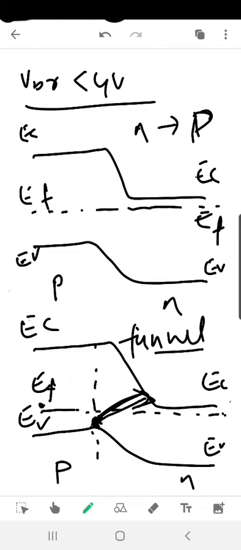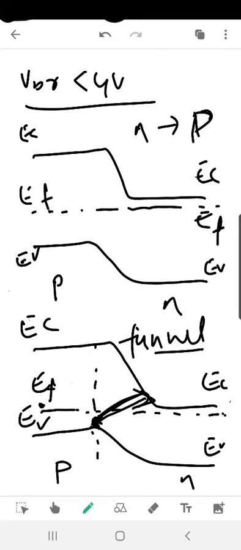If the junction is not abrupt, or if the junction has a lightly doped part on either the n side or p side, the width will increase and there will be no tunneling.